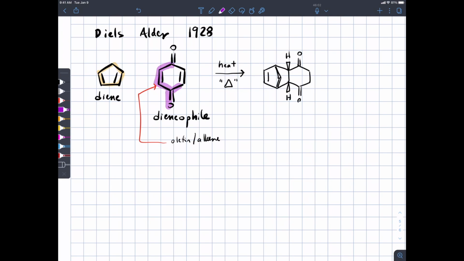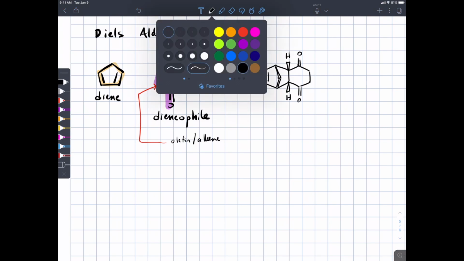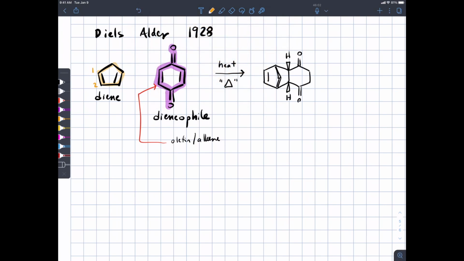All right, so let me show you where the atoms end up. The 5 carbons in the diene, which I'm going to number 1, 2, 3, 4, and 5, end up here. 1, 2, 3, 4, and 5.